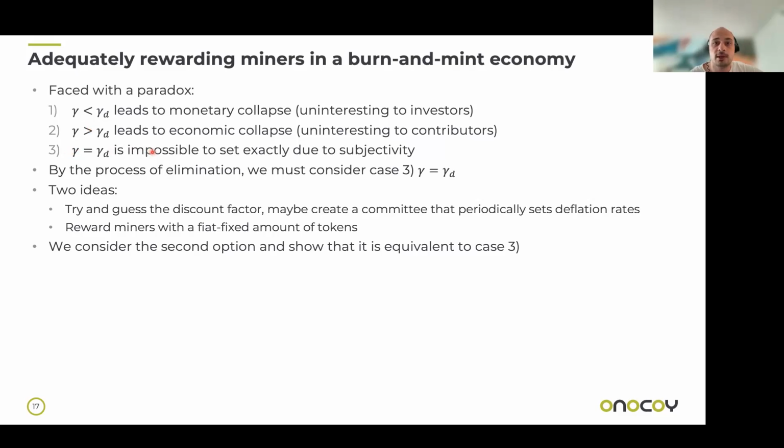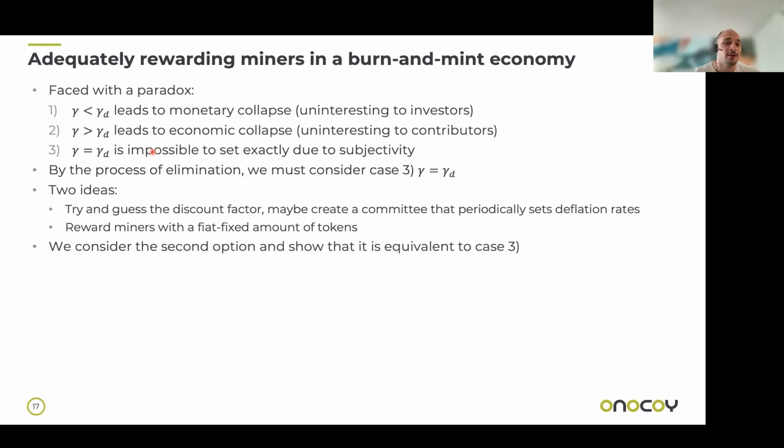Case 3, again, there are some problems here too. It's just impossible to set exactly. You can't just say, okay, this is the discount rate that everybody agrees on, and that's the prevailing discount rate. Maybe you could say the deflation factor should be equal to whatever the discount factor is set by the Fed, or a market-based one that goes off of what the Fed says.